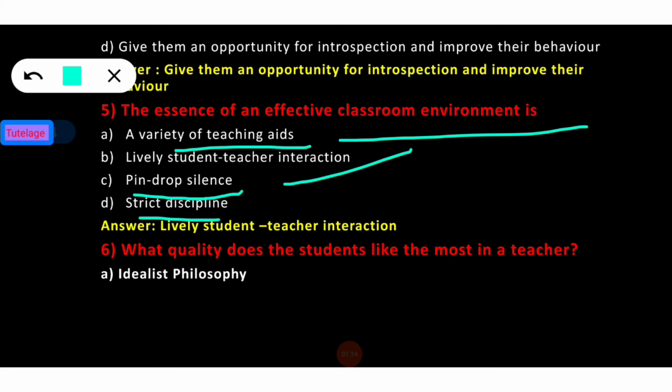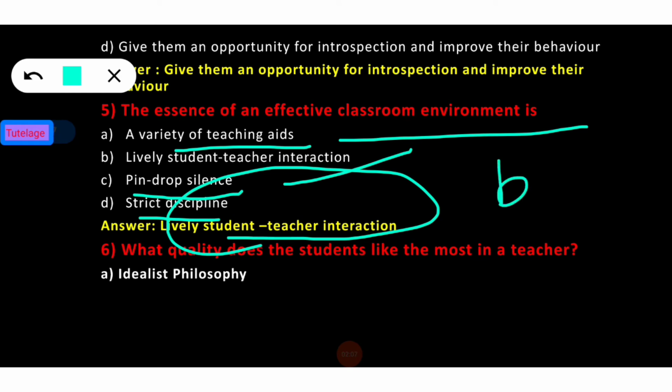Obviously, the essence of an effective classroom environment is lively student teacher interaction. I think option B is the correct answer for this particular question. Now move on to the next question.